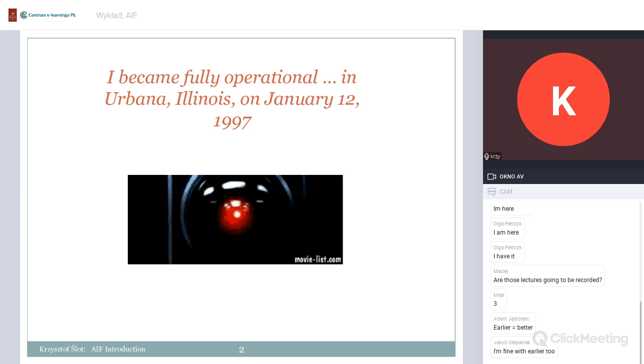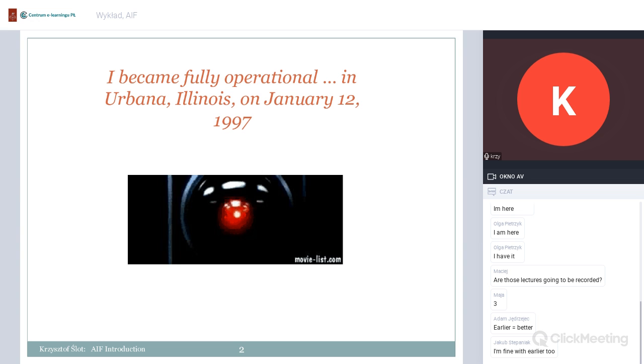I would like to begin with the history of artificial intelligence, and there is a quotation that I put here on this slide, which is quite symbolic to the field. This has been said by Hal.